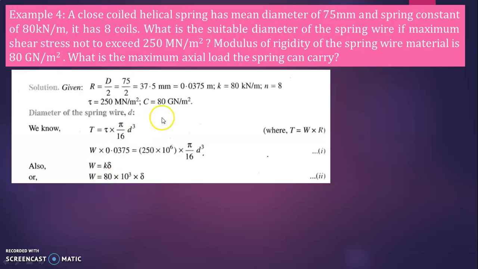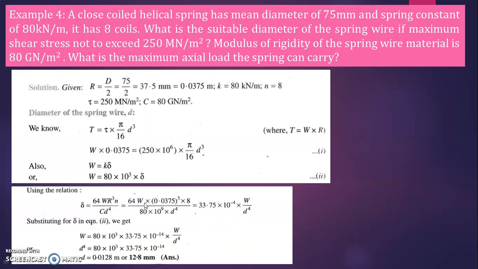So I have converted everything into Newton and meter, so 80 into 10 raised to 3 Newton per meter into deflection. Deflection we don't know. How we can calculate deflection? We have formula for deflection, that is equal to 64 WR cube N divided by CD raised to 4.